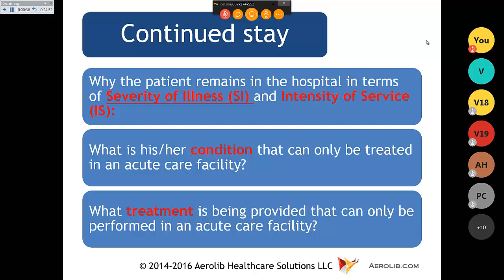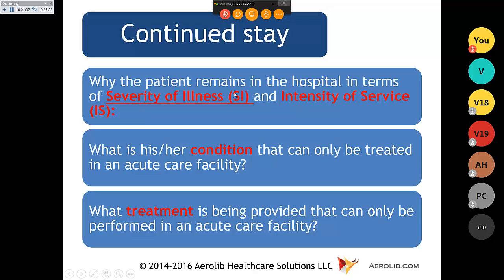So for example, if it's a simple cellulitis of the little finger, you've identified this is a finger cellulitis, but you haven't justified why you need this patient to be in the hospital. Versus if this is a new amputation, post-stump, redness, pus, you've identified the condition and there's a risk of stump osteo or worsening cellulitis and sepsis and pressures are low, and that's the treatment, and you're providing fluid support, hemodynamic support, IV antibiotics.